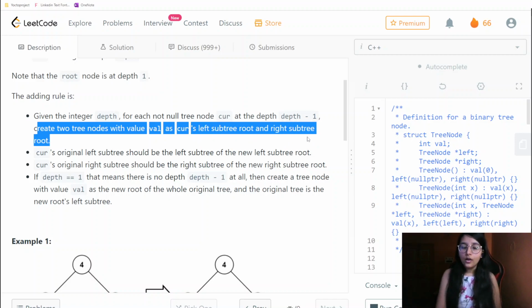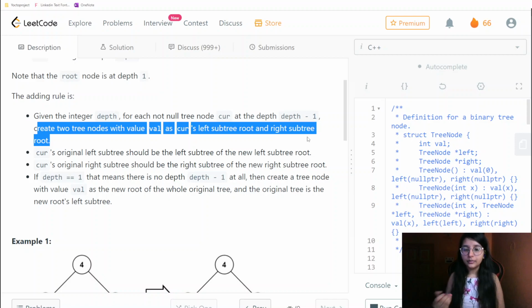So basically, whatever node is being given to us, we are required to check whether that node is at the particular depth at which we are required to add our value or not.